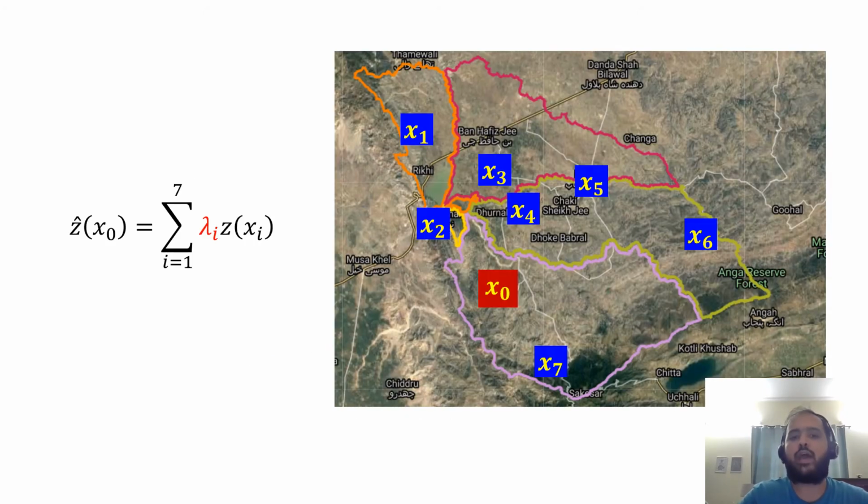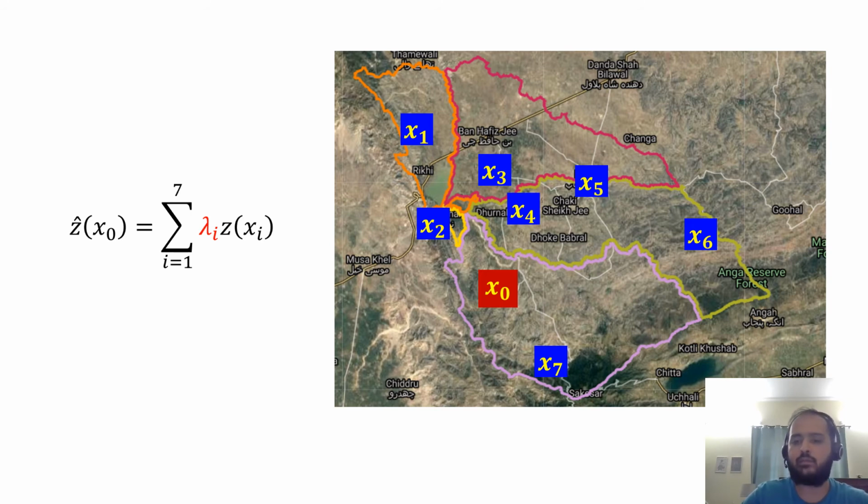Now that you have this variogram, the next task is going to be actually estimating the rainfall at some unobserved point. As I said before, you have these lambdas and you want to reconstruct these lambdas. The way that you're going to do it is actually a very neat and simple algorithm.